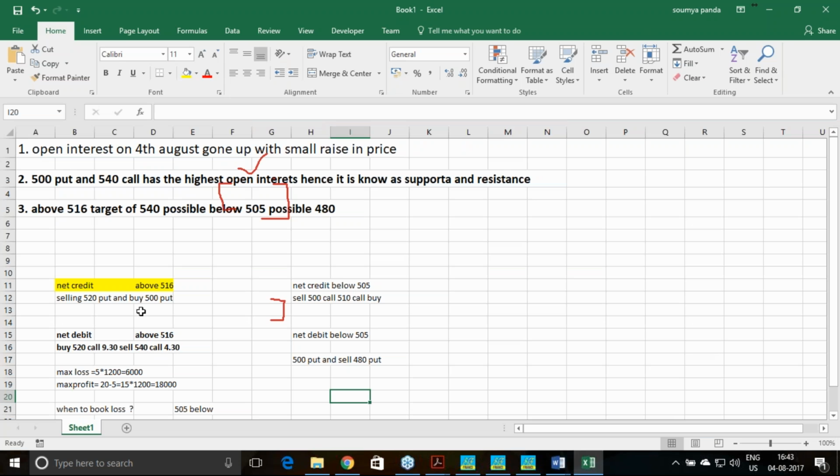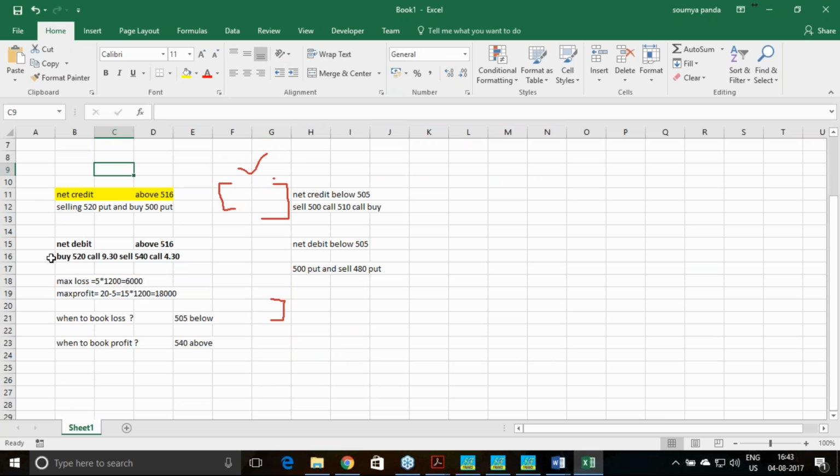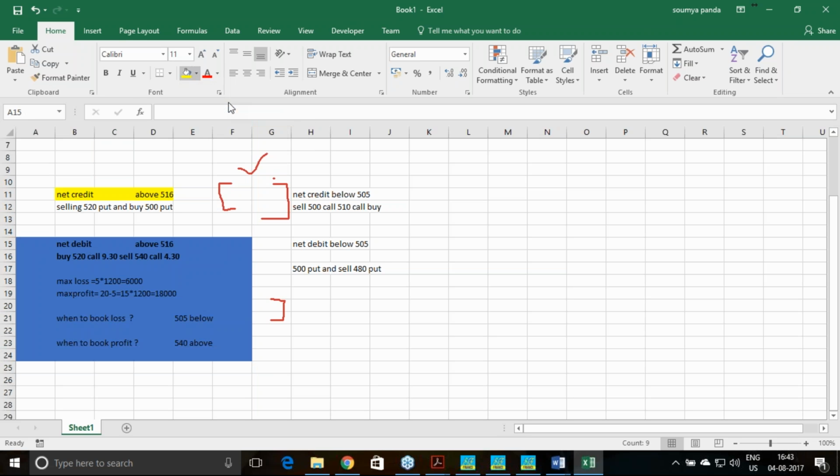So the strategy which we have given here, net credit and debit. The net debit part we will take out, and net credit only will be our choice. If it is going above 516, net credit will be formed by selling 520 put and 500 put, and I'll be booking a profit at the 522 level, because that is where my range bound action is sitting, or at the 529 level.